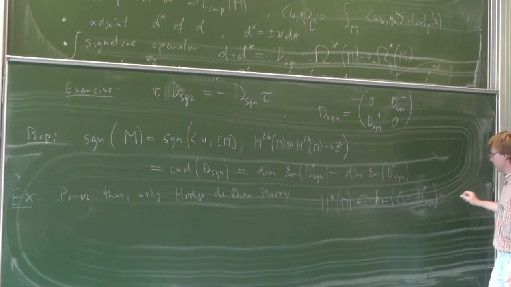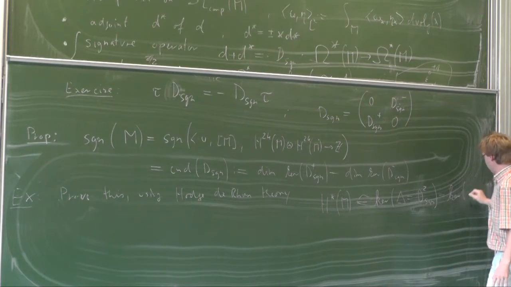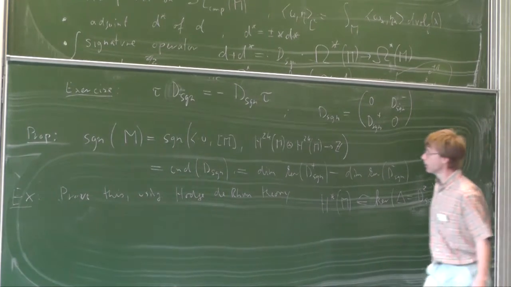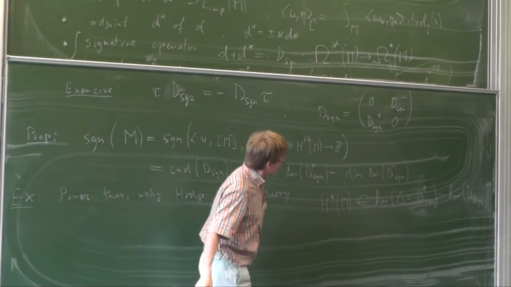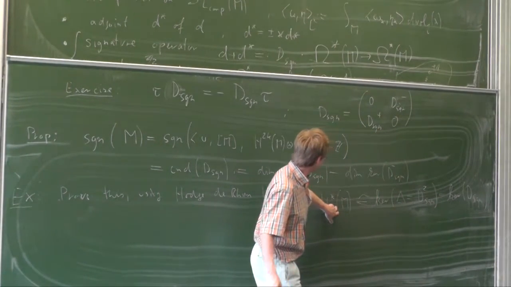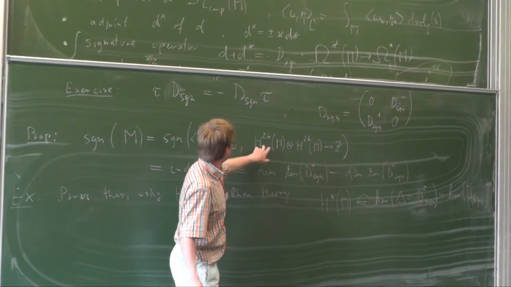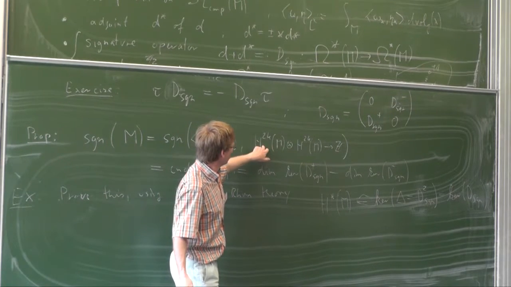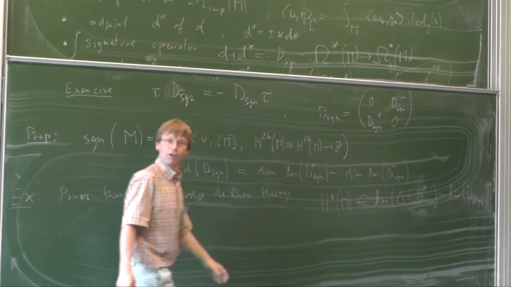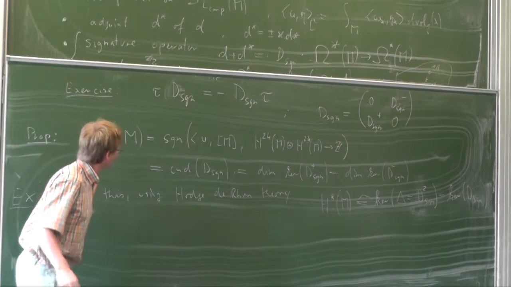Which, by the way, is the same as the kernel of the signature operator itself. So the kernel of the signature operator is showing up as the cohomology. The signature is somehow measuring something on the cohomology, and we look at this precise combination of dimensions of kernel parts. You just get the same thing.